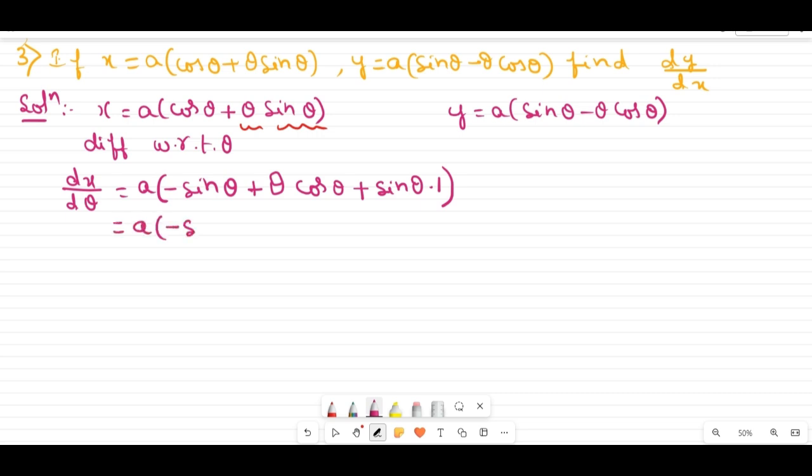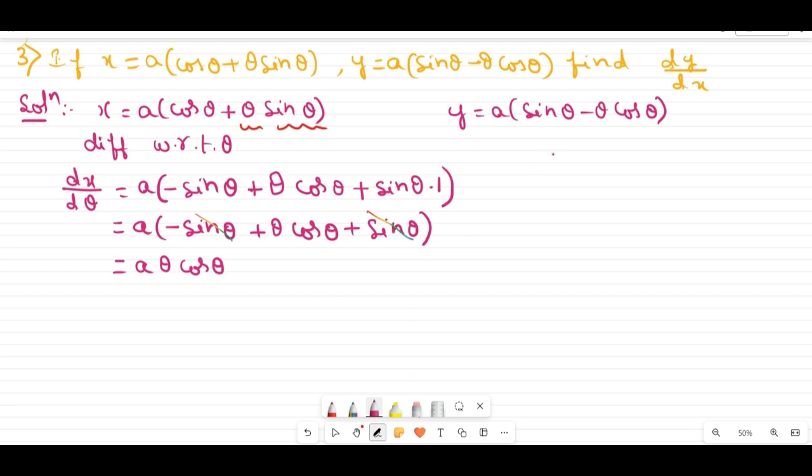In the first term, we have minus sine theta, plus the second term theta cos theta. The third term is plus sine theta. Plus sine theta minus sine theta will get cancelled. So if you cancel that, the final answer is a into theta cos theta.